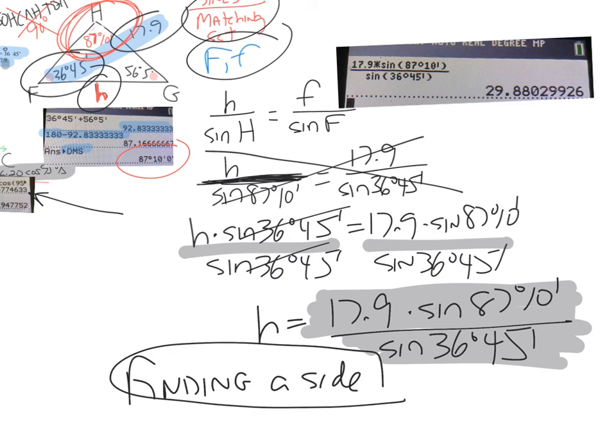When you round to the nearest tenth, side h is going to be 29.9. So make sure you attach your calculator photo onto this assignment and then submit this assignment when you are done.